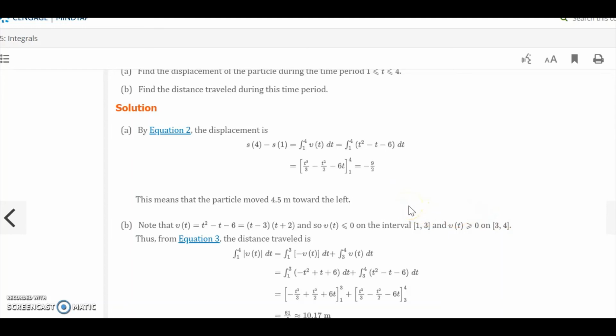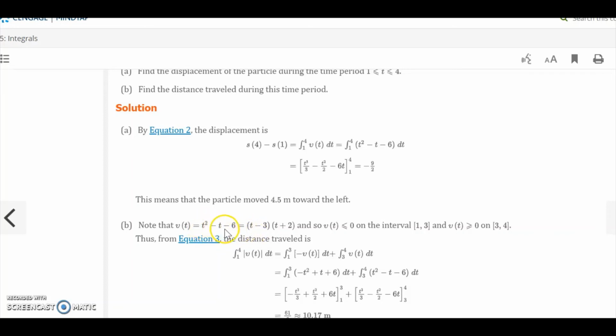To do this, we want to know where it's equal to 0. Once we have those 0 values, you can check values in between each of them to figure out where it's positive and where it's negative.